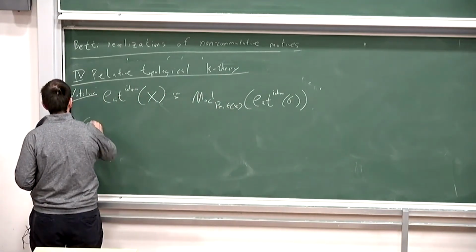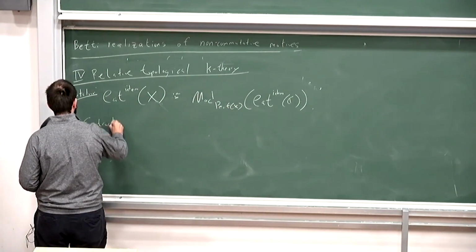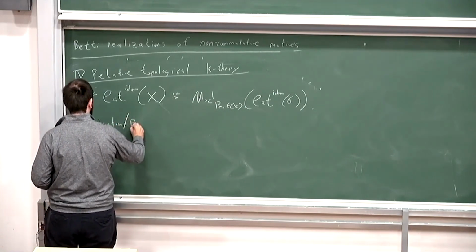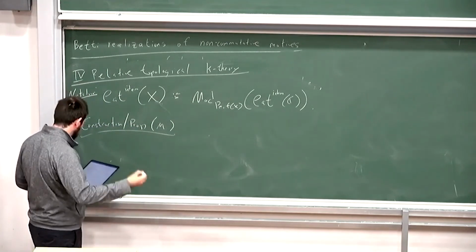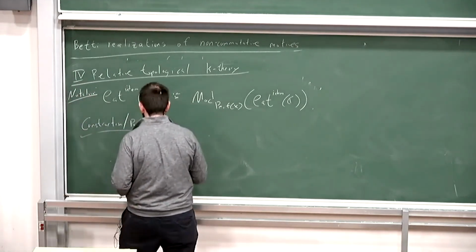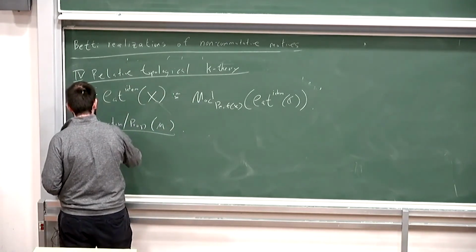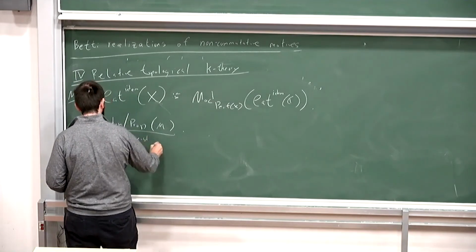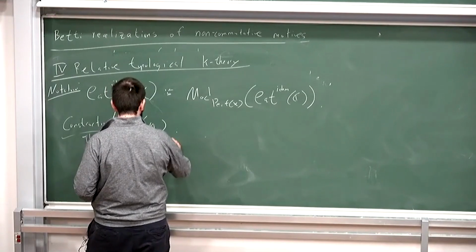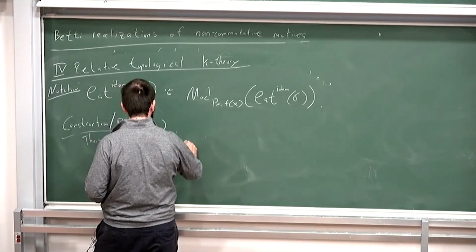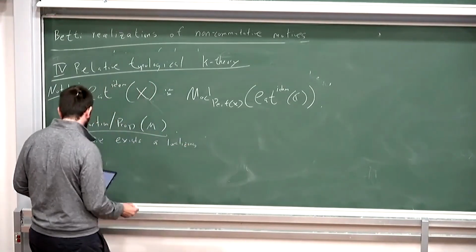So, right, the construction or proposition was that there's a relative version, so there exists a functor which is also localizing, but not valued in spectra, as you'll see.